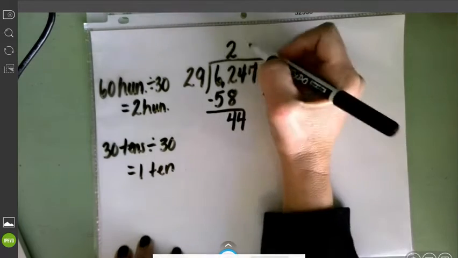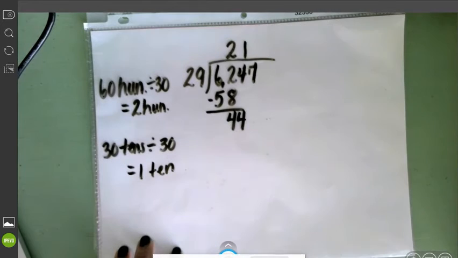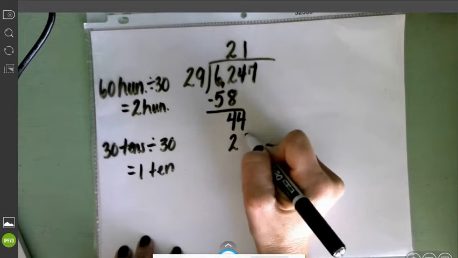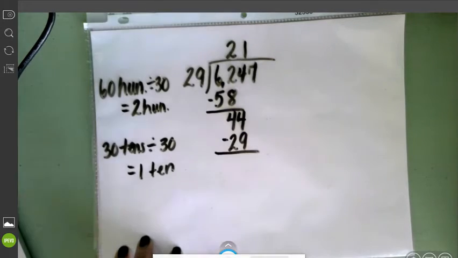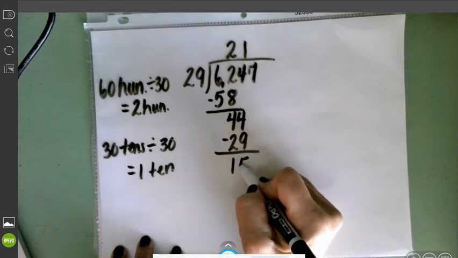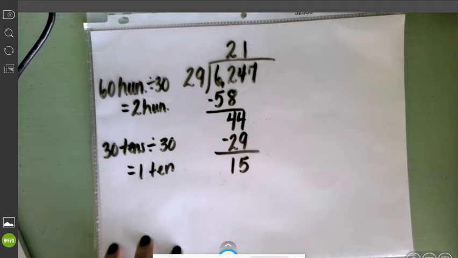So now we're going to put a 1 in the tens place. What is 1 ten times 29? That is right. It is 29 tens. 44 tens minus 29 tens is 15 tens. Can we divide again?